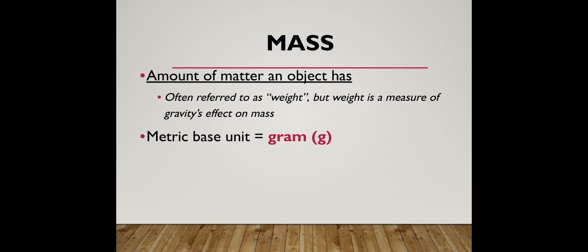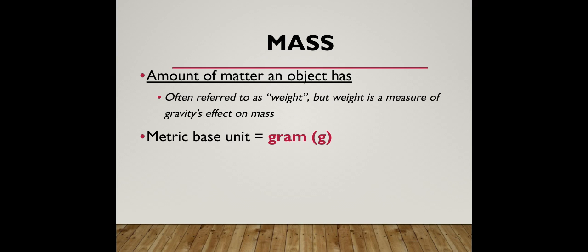When you're looking at mass, mass is the amount of matter an object has, or how much space it is occupying. It's often confused with weight, but weight is actually a measurement of gravity's impact on mass.